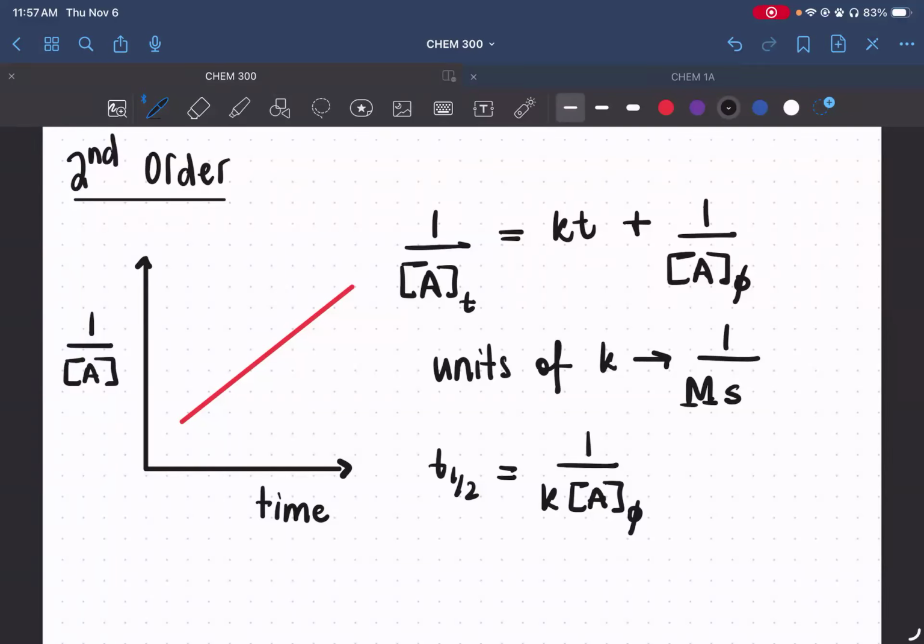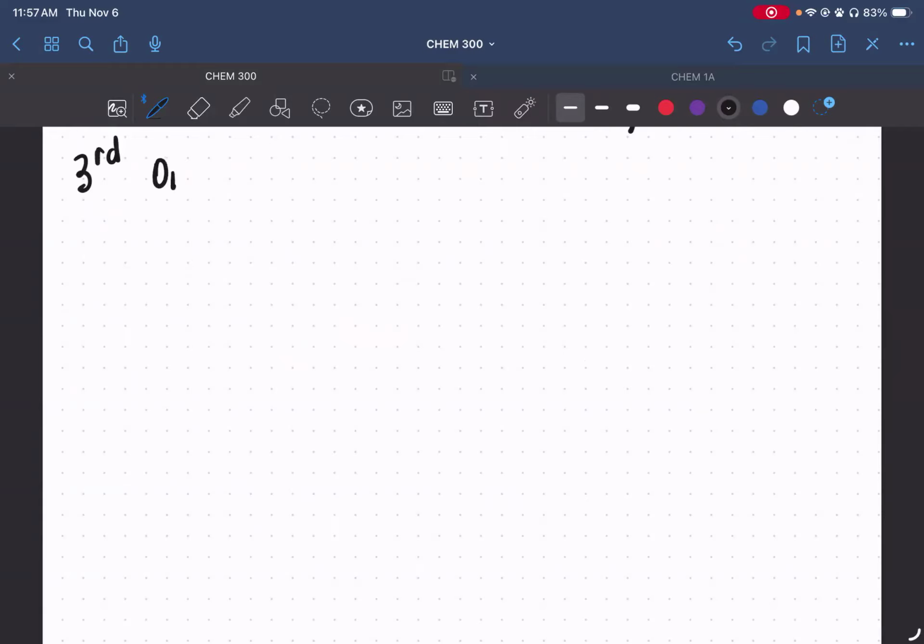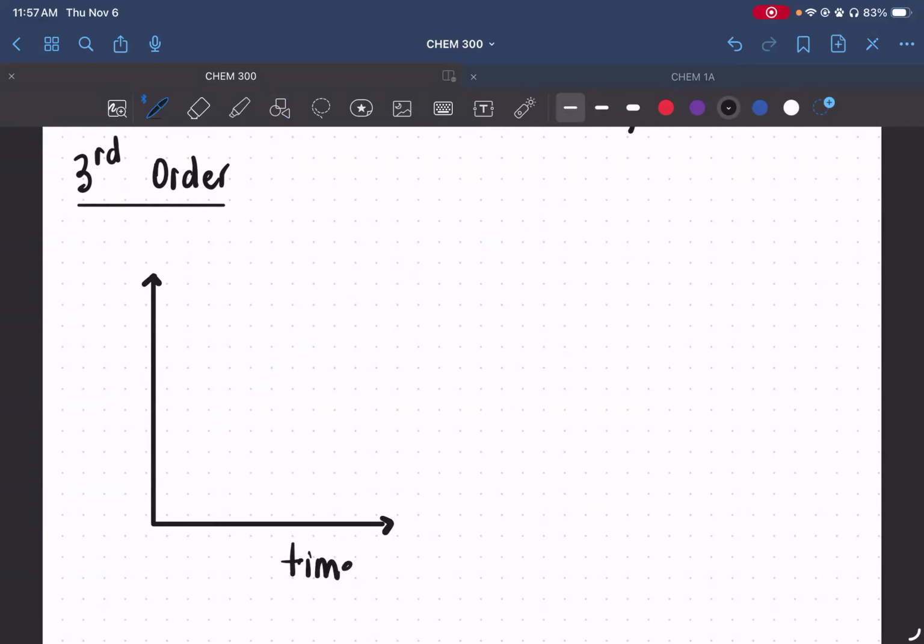Next up is third order. To be used to it at this point, we know, of course, that the x-axis is time. The y-axis is 1 over A squared.